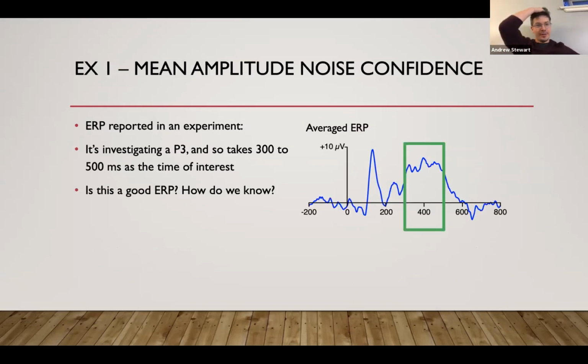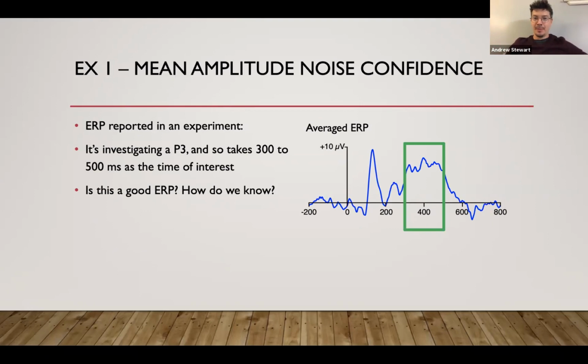An example I think I can share with this is in the ERP CORE exemplar experiments that we have shared recently. We had a kind of reference P300 study in this, where along the time period of 300 to 500 milliseconds, something that's frequently done is measuring the mean amplitude within this window.